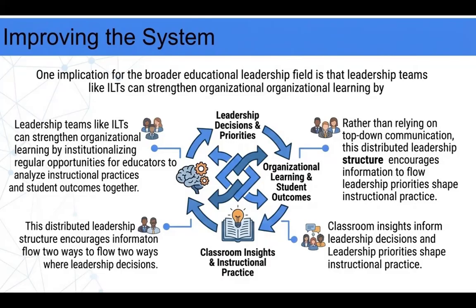Also, rather than relying on top-down communication, distributed leadership structure encourages information to flow, leadership priorities shape instructional practices, and of course, classroom insights inform leadership decisions.